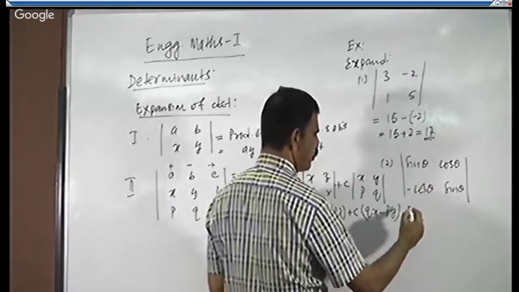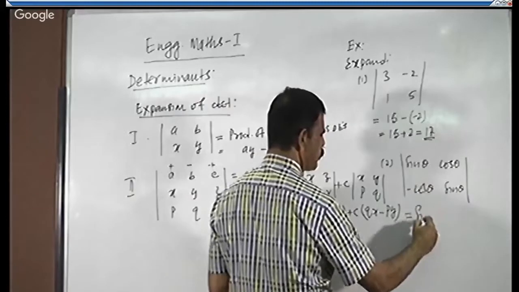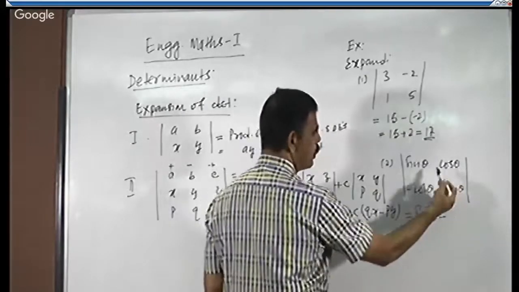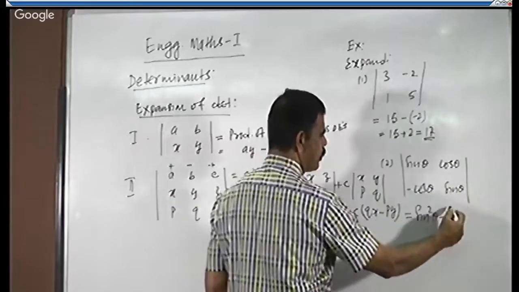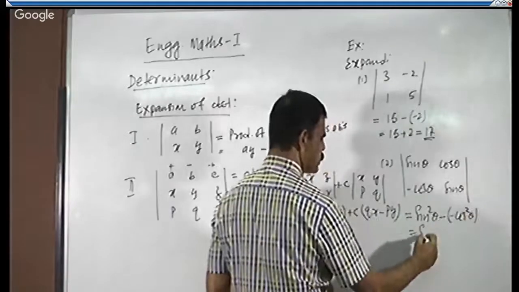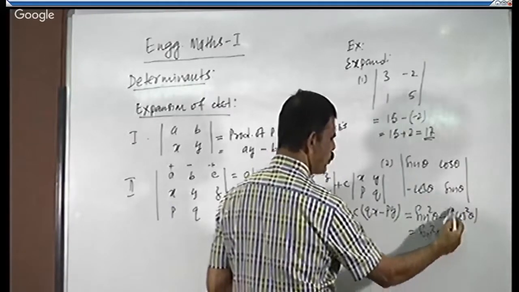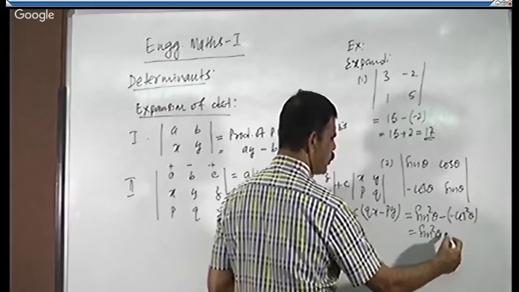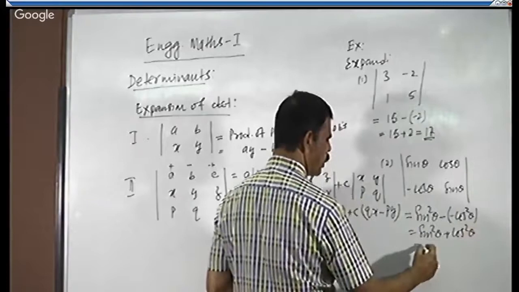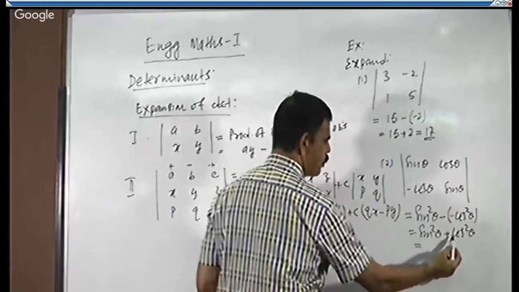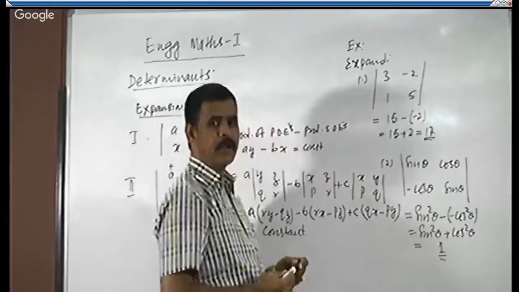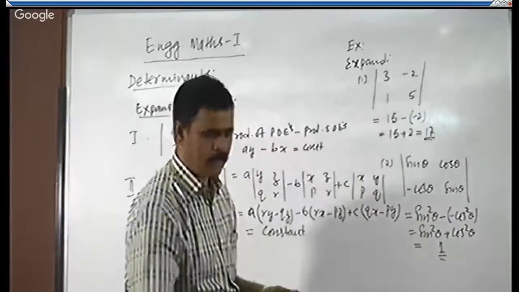Their product is sin square theta, minus of cos theta into minus cos theta, which is minus of minus cos square theta. So sin square theta, removing the bracket, minus into minus is plus cos square theta. It is a trigonometric identity: sin square theta plus cos square theta is 1. Like that, we have to expand the second order determinant.